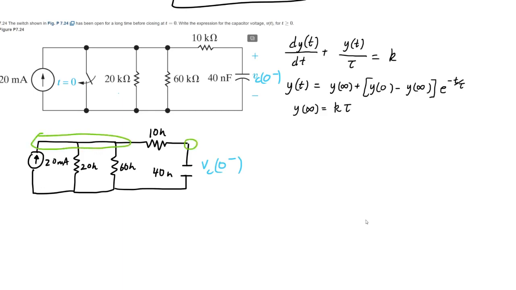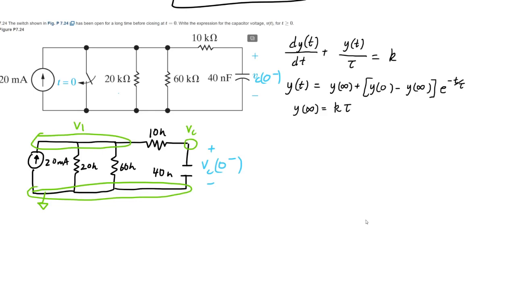Here are our nodes. I'm going to call this ground. Let me make sure that I put the plus and the minus, because those are important. Call this V1, call this VC.